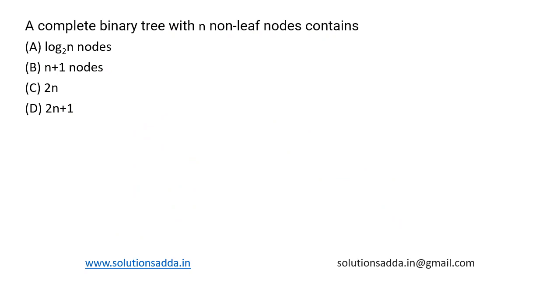This is a question from data structures. A complete binary tree with n non-leaf nodes contains, and 4 options are given. So first of all, in a tree, the total number of edges is equal to E, which is equal to x minus 1, where x represents number of nodes.